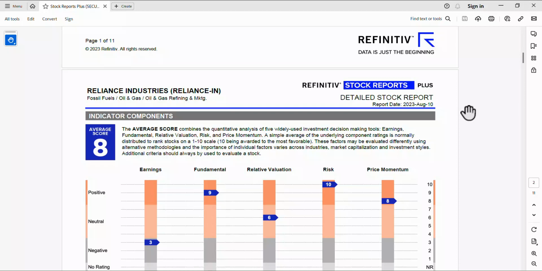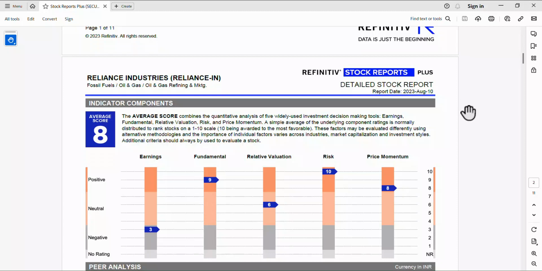How the company has got an A rating depends on 5 pillars. The first is earnings. How much the company is earning. On earnings, it has got 3. Not a very good score, because the earnings have not been very fine in the last 1 year, so the score is less. By earnings it is not good right now, but the future is good, that's why it is recommending to buy. Fundamentals, meaning the company's business, the score is 9. And we will go through all these parameters one by one.